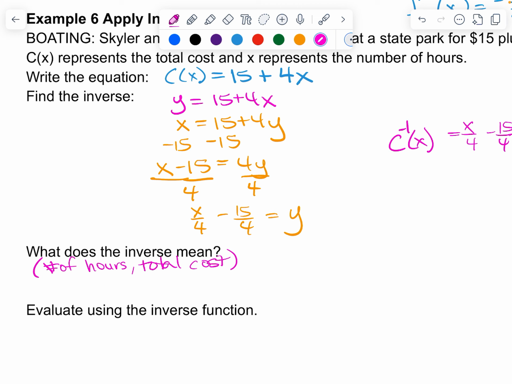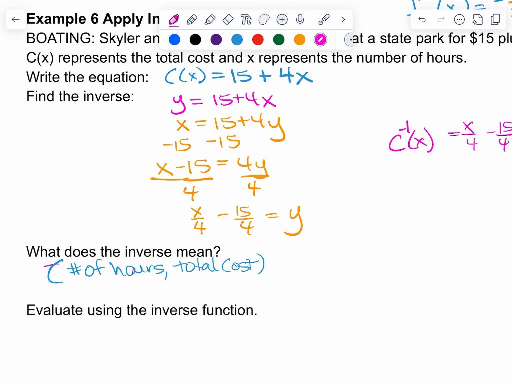I forgot to put the inverse. Sorry, this was supposed to be in blue: this is the number of hours, and this was the total cost.